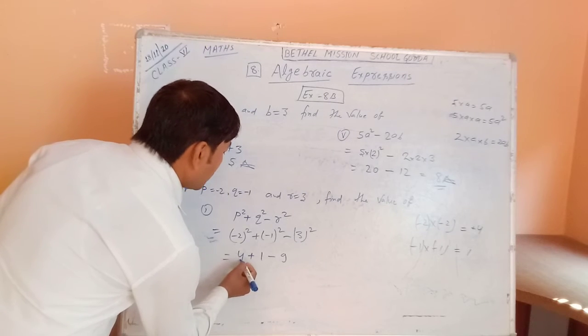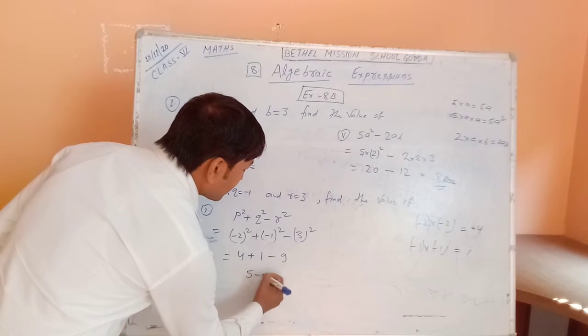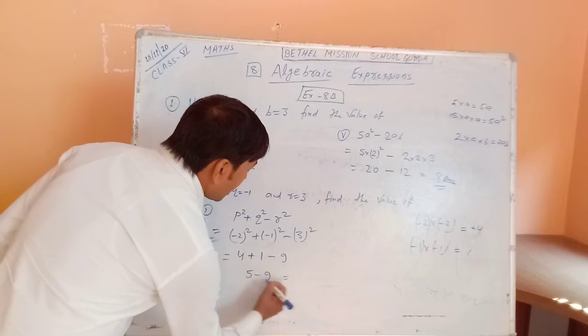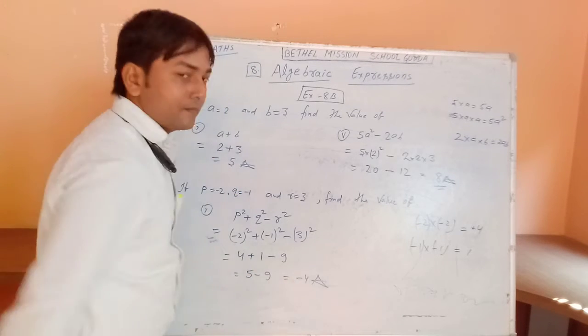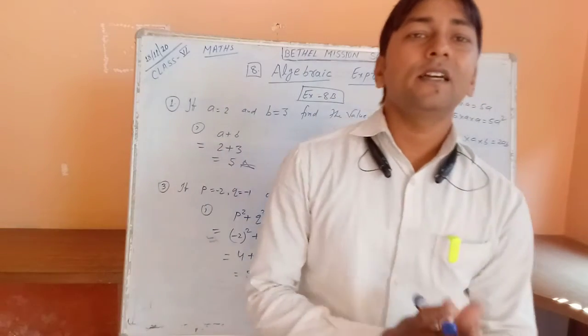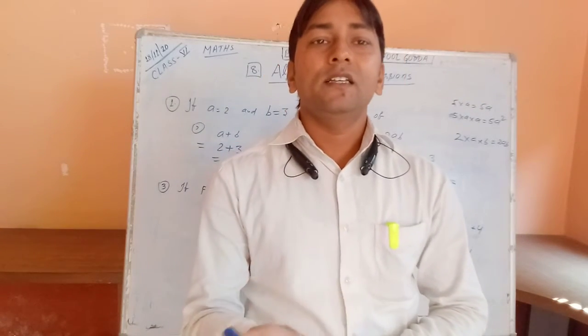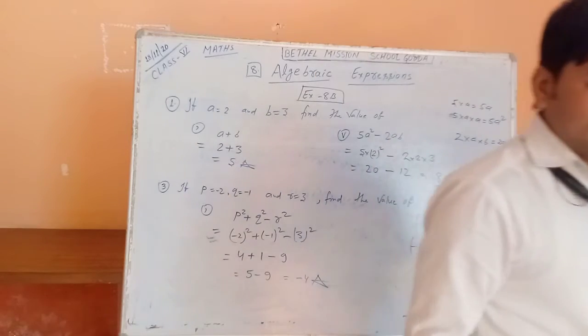So this is 4 plus 1, 5, minus 9, the answer is minus 4. Very easy. I hope you got it. Now I solve some more examples.